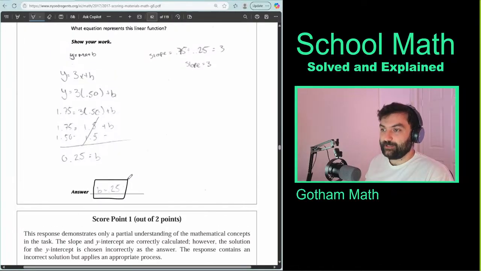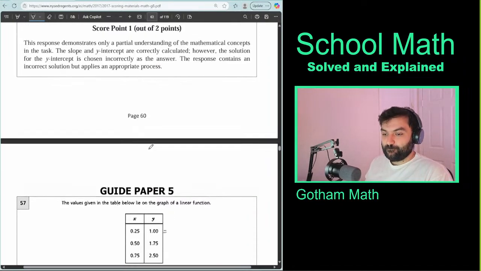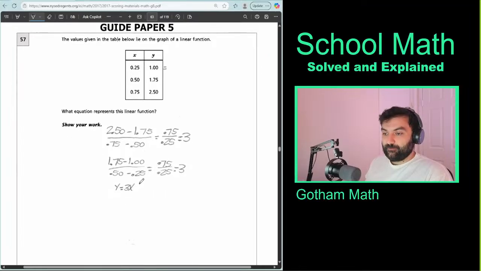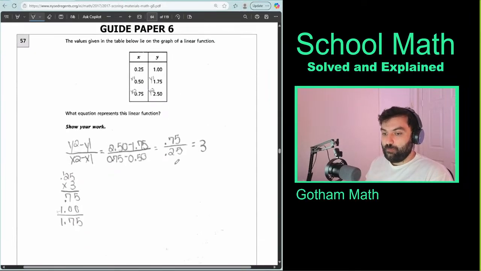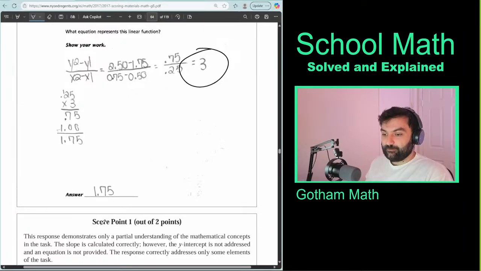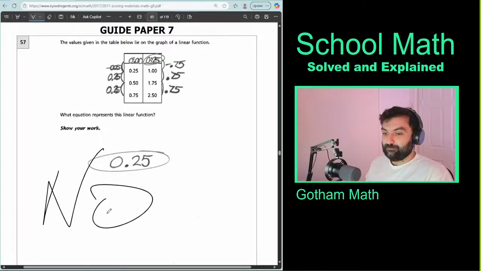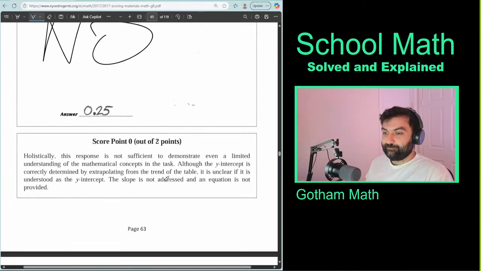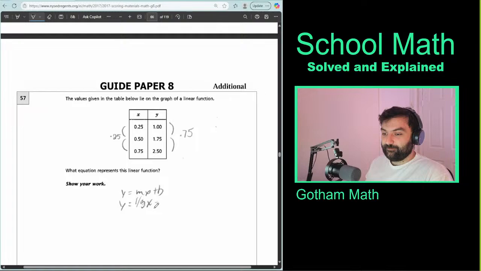Ooh, just found b, but found slope correctly too. So why don't you just put it in the same formula and you'll get a 2 out of 2? No, but slope is correct, so you get 1 out of 2. Slope is correct. 1 out of 2. No. Zero. Nothing. No x's, no y's. y equals mx plus b, y equals 1/3 x. No.